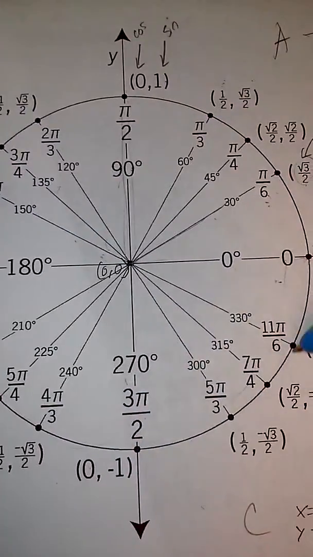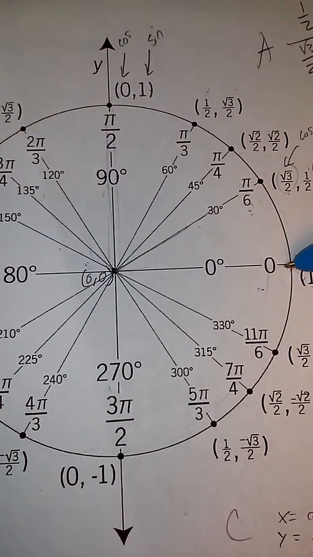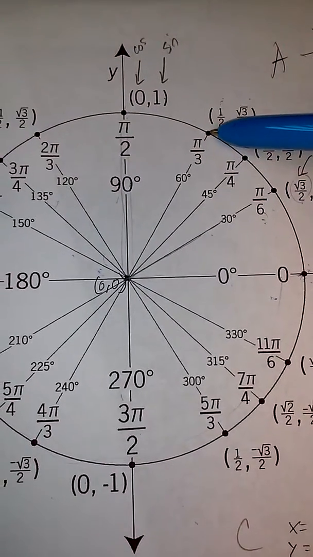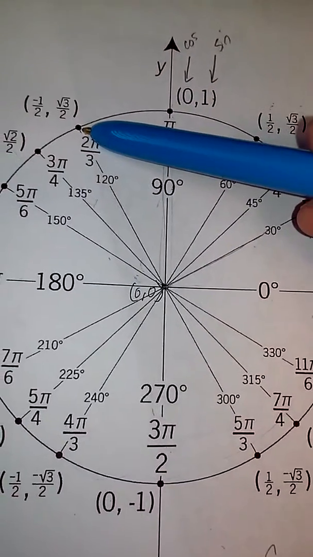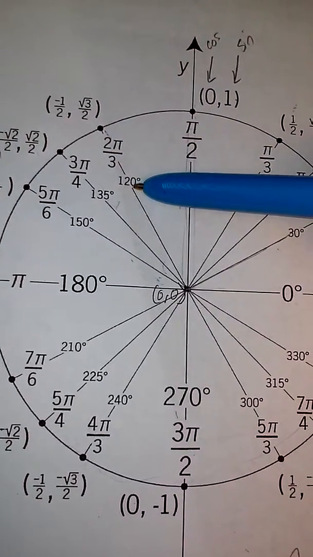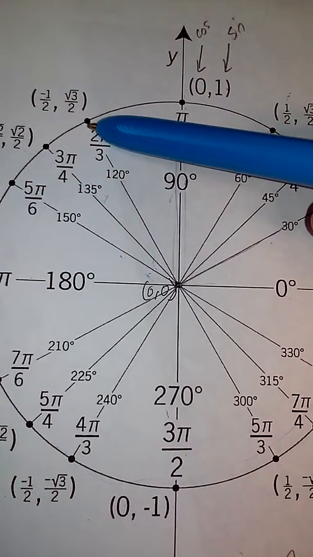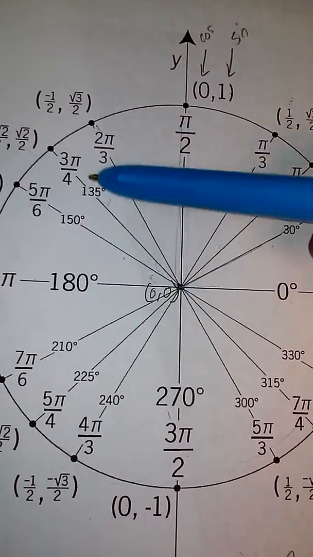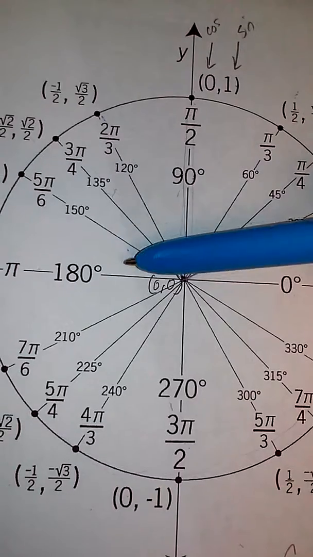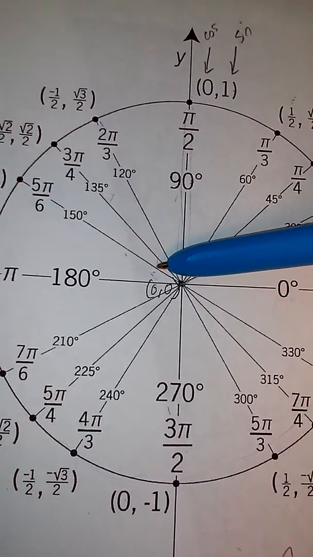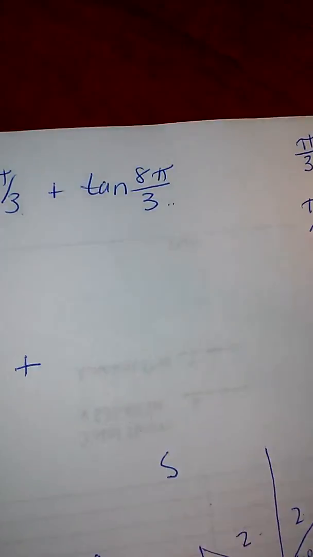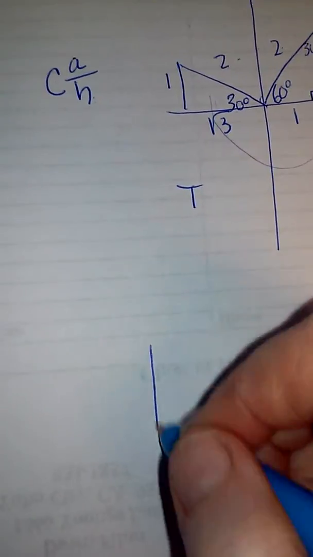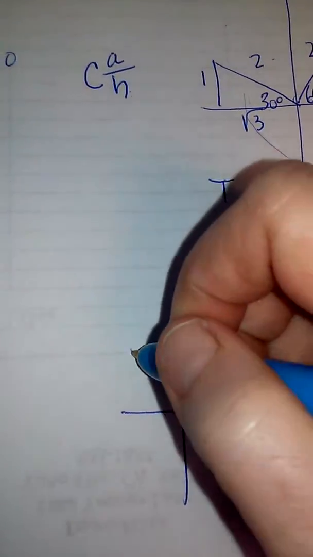And then 1 pi over 3, 2 pi over 3. If you need degrees, that's 120 degrees. My triangle is going to be 60. It's over here. Let's make a new triangle.